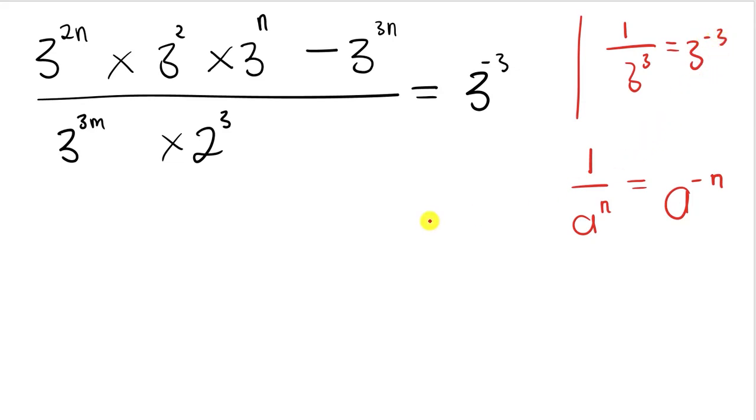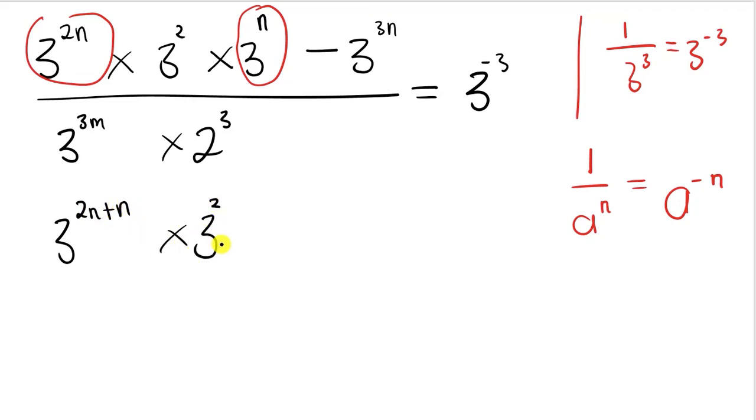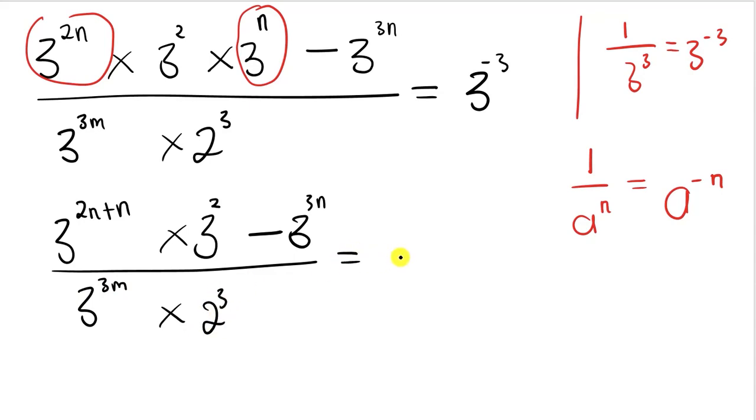In that case, let's consider the numerator of the fraction. This particular expression and this particular expression, we can put together to get one term. We rewrite that as 3 exponent 2n plus n times 3 exponent 2, minus 3 exponent 3n, all over 3 exponent 3m times 2 exponent 3, being equal to 3 exponent negative 3.